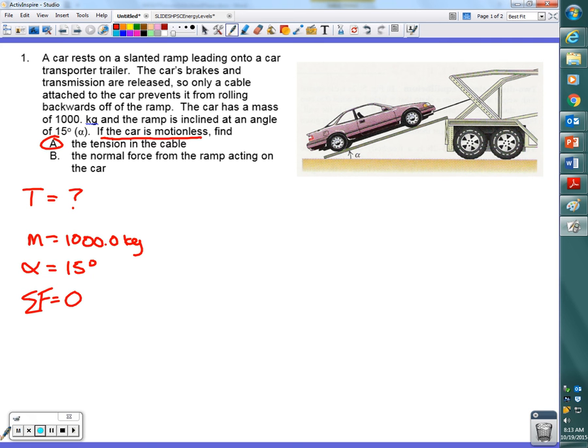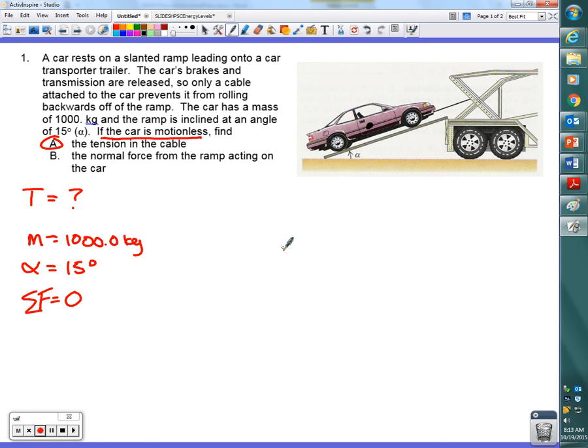Good there. What we're looking for, what we know, because this is a forces problem, now we go free body diagram. Here's a picture of our car. I am going to draw a dot right in the middle of the car to represent the middle of that car, and we'll draw all of our forces from there.